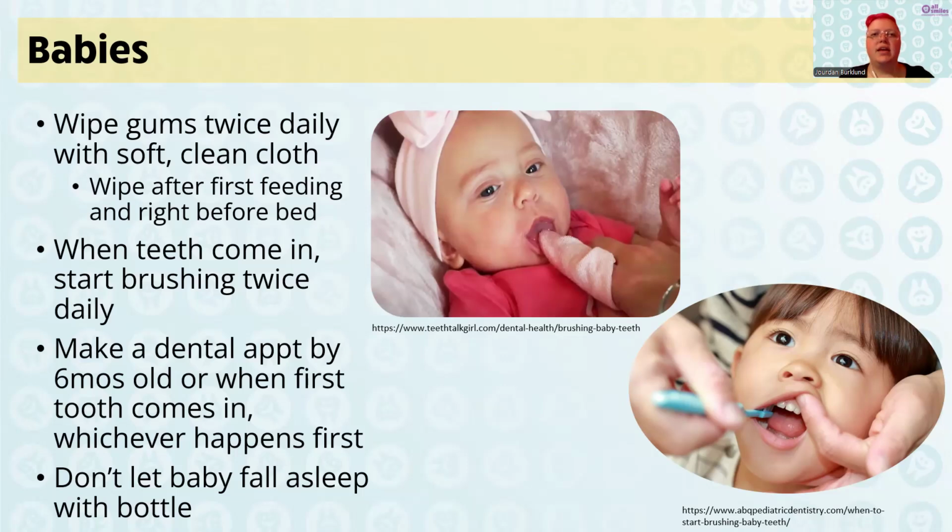We want them to feel safe and taken care of, and it's also a good opportunity for the parents to get any questions answered. However, I do understand that there is a shortage of dentists and dental hygienists out there, so a lot of times there is a longer wait. But this is the standard guideline of when to see the dentist.